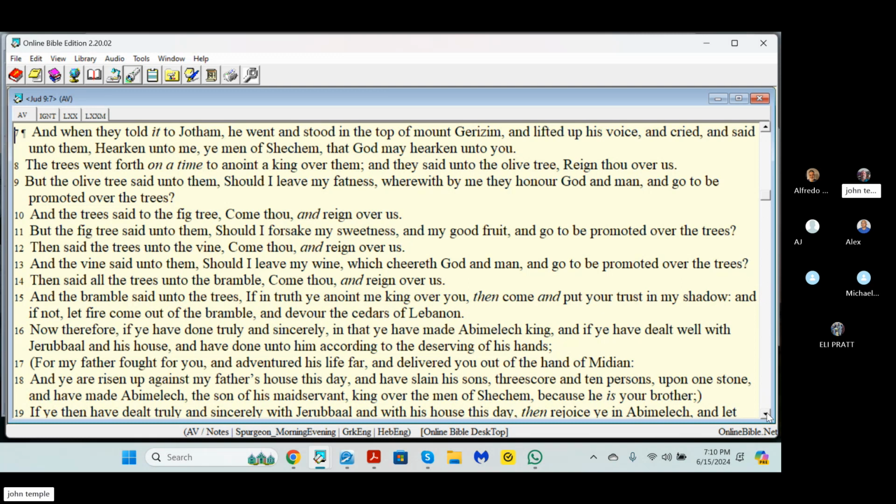And these are the people, the men of Shechem are these trees. And the olive tree would be a good king. And the olive tree said unto them, should I leave my fatness, wherewith by me they honor God and man, and go to be promoted over these trees? So he wouldn't do it. And then the tree said to the fig tree. So the fig tree is like number 2 after the olive tree.